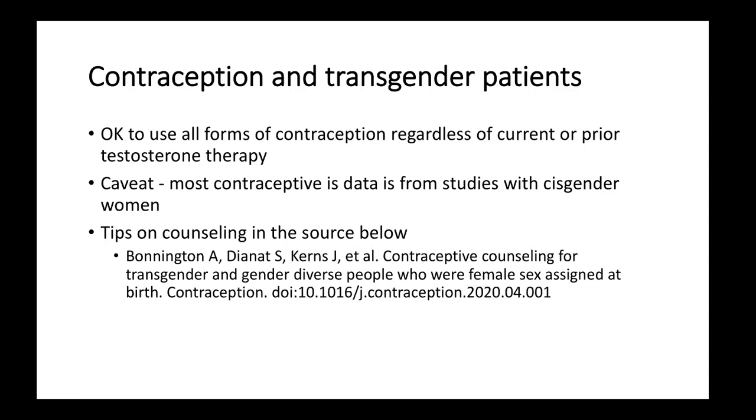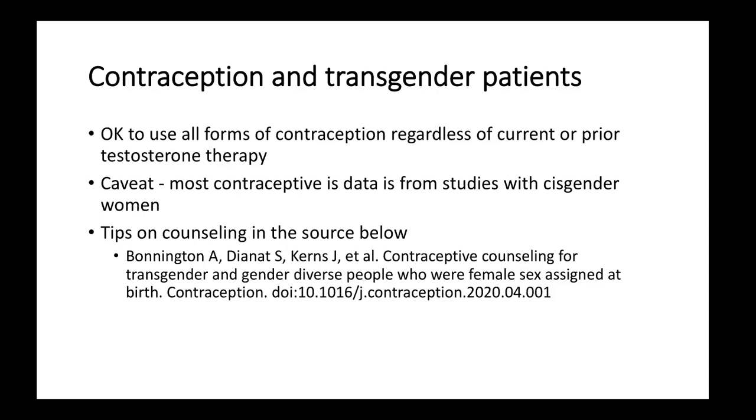Here, probably as much as in any other visit, it's very important to elicit patient preferences and share decision-making because some transgender patients may consider estrogen and progestin to be feminizing hormones, and they just really want nothing to do with those things. And so if they want contraception and they're not excited about hormonal contraception, talking to them about what exactly it is, getting to know what it is about hormonal contraception that is making them pause.